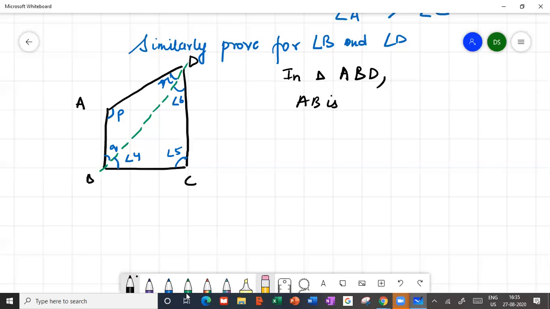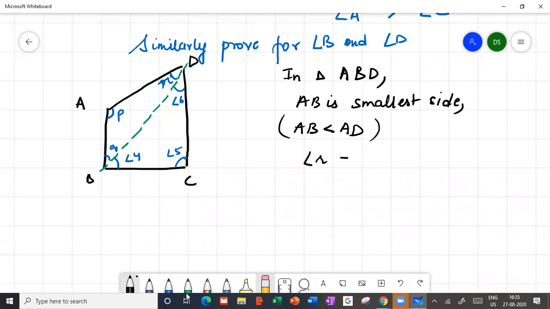AB is the smallest side, or I can say AB is less than AD. We won't consider BD. Or I can say angle opposite AB is angle R, which is less than, what is angle opposite AD? Angle Q. This is 1.